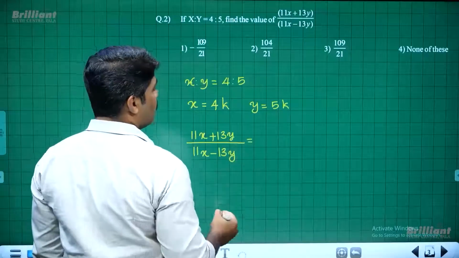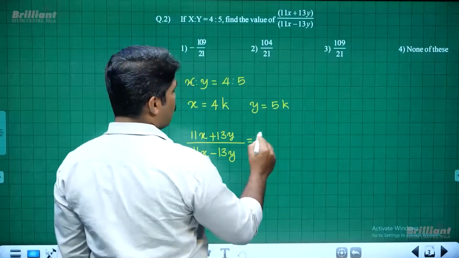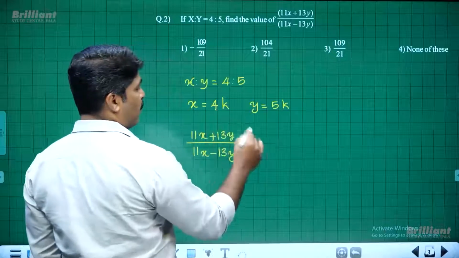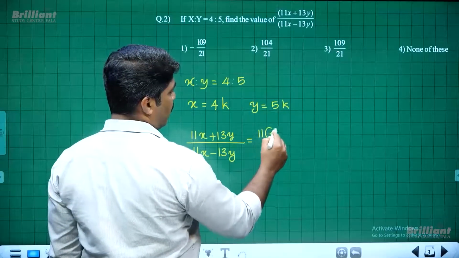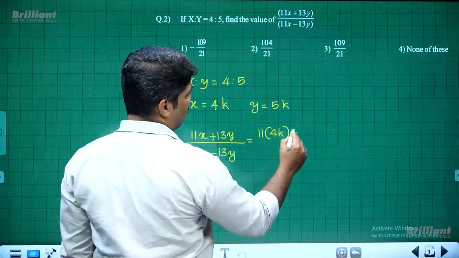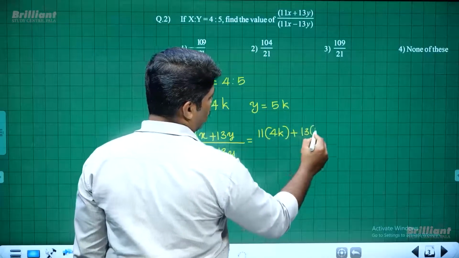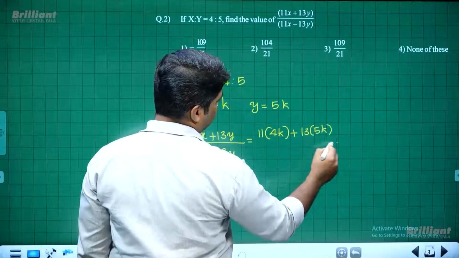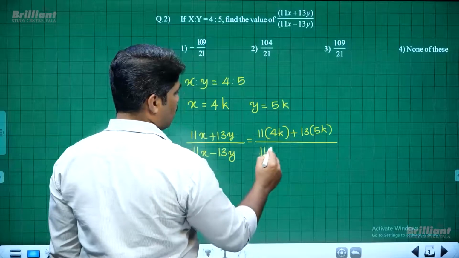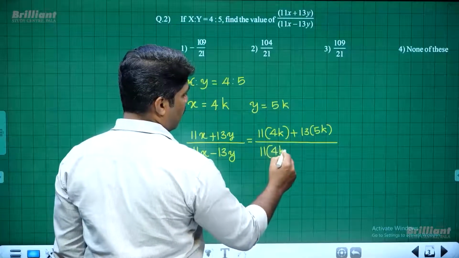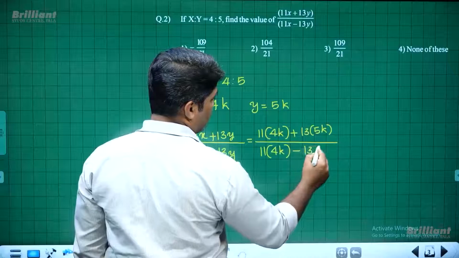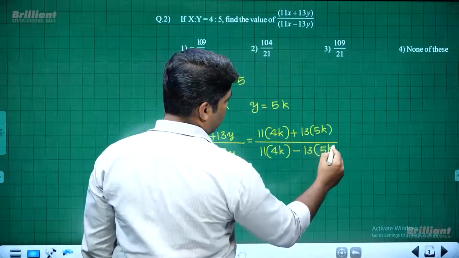Instead of x, we put 4k. So this is 11 into 4k plus 13 into 5k, divided by 11 into 4k minus 13 into 5k.